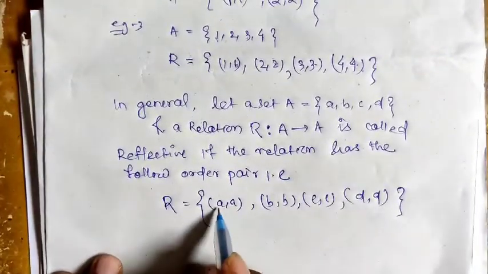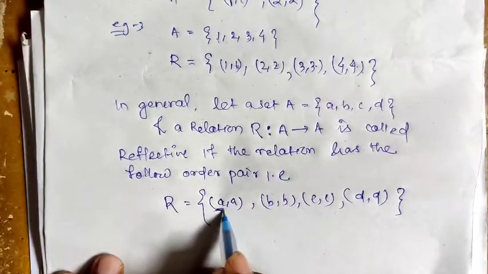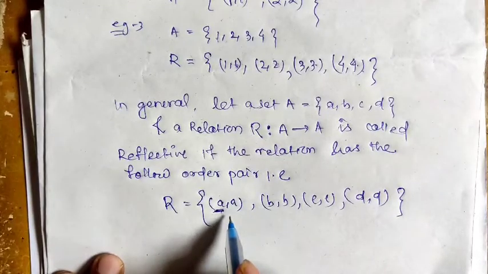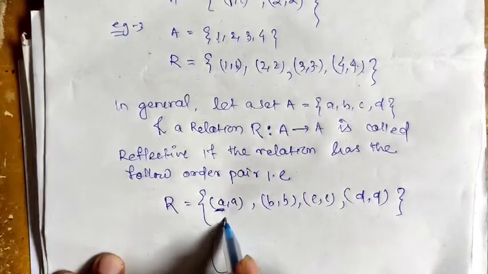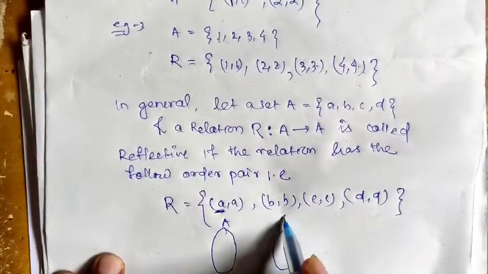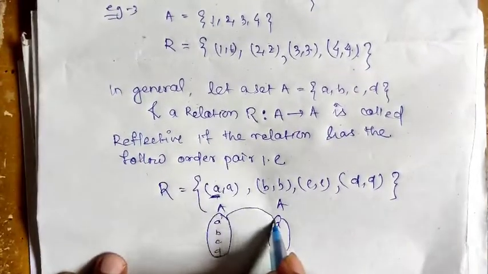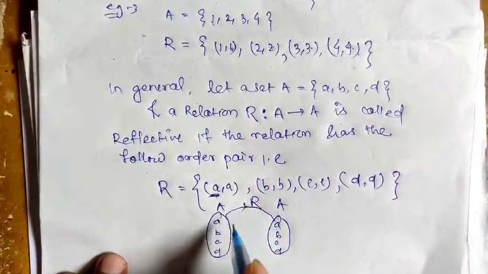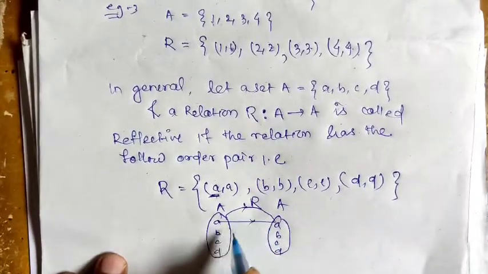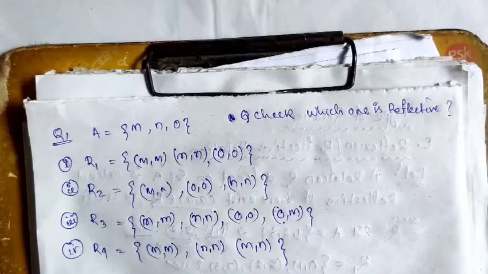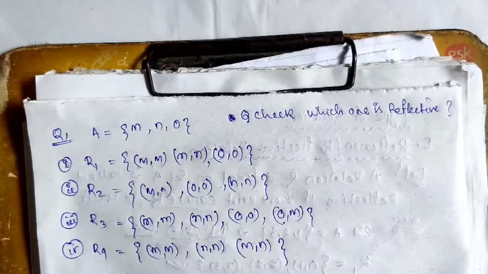Means each element of set A maps with itself for a reflective relation. Here a relation R is defined where A is related to A, B to B, C is related to C and D related to D. Let's do some questions.